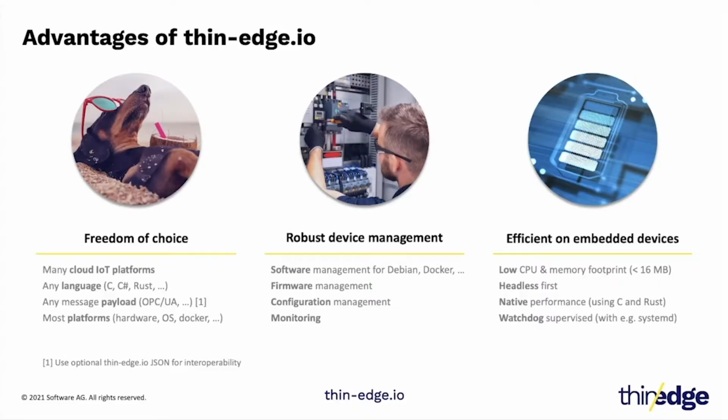And the third, and one of the most important arguments: ThinEdge is thin, right? We can run with a minimum CPU and memory footprint. You can see here the system itself occupies less than 16 MB of memory, and it can therefore run on constrained devices where running containers and so on is maybe not even an option.